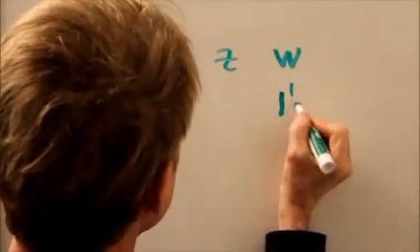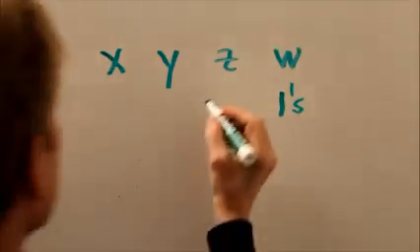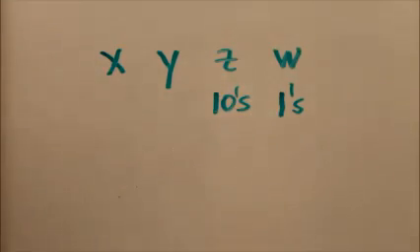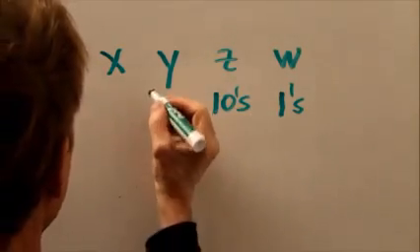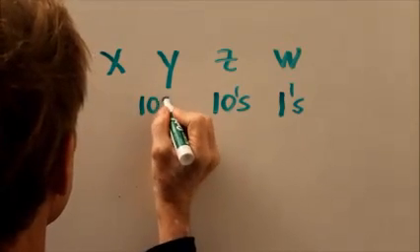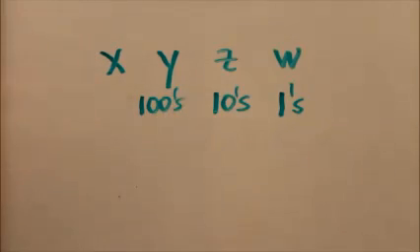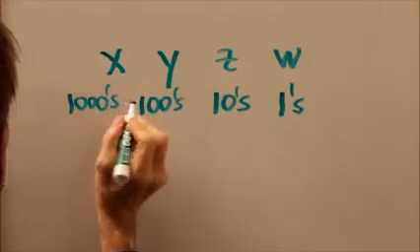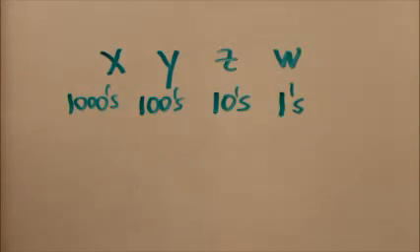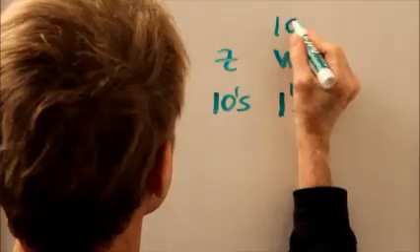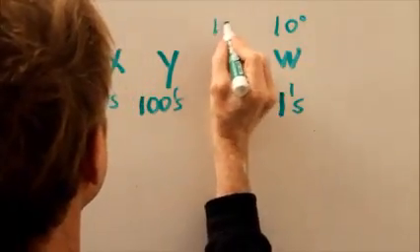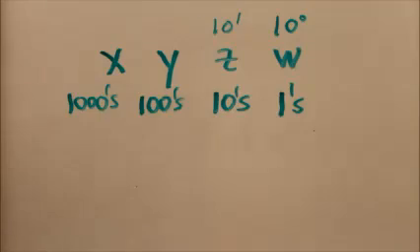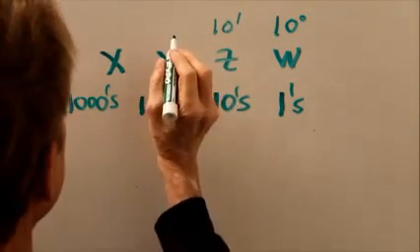The rightmost digit is the ones place, then to the left of that is the tens place, then the 100s place, and the 1000s place, and we keep going up in powers of 10. So this is 10 to the 0th, which equals 1.